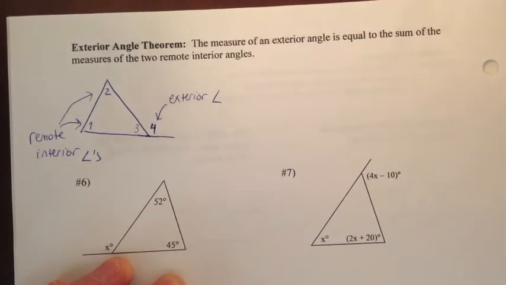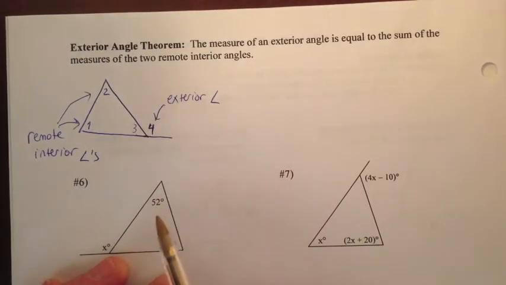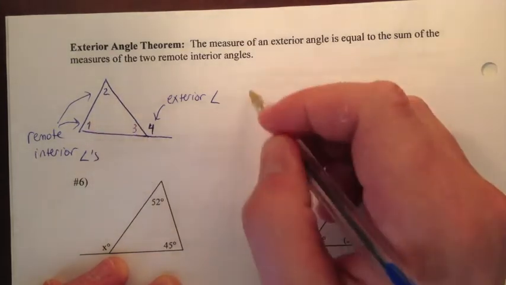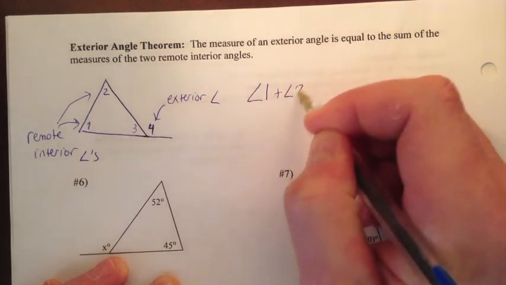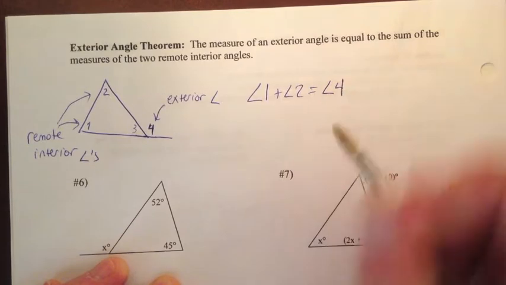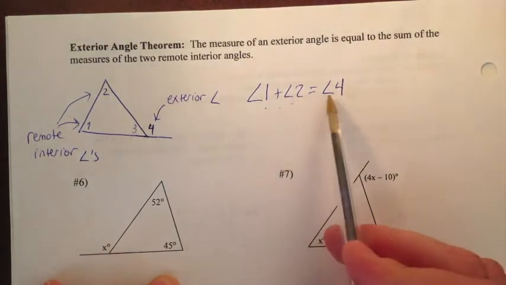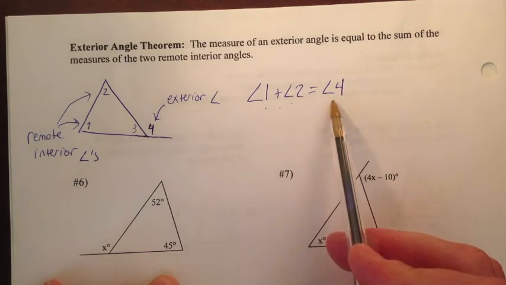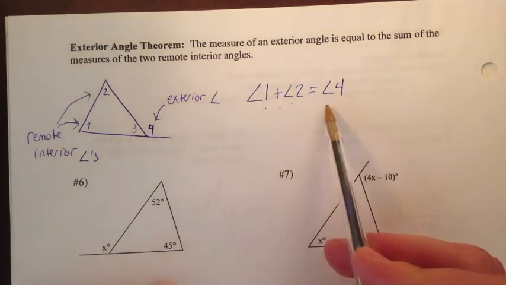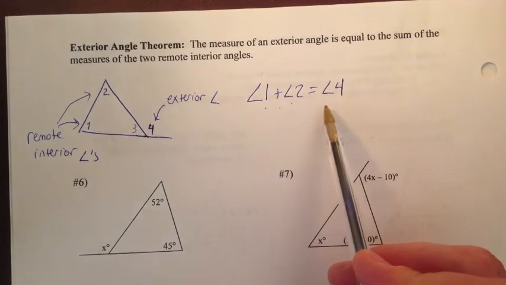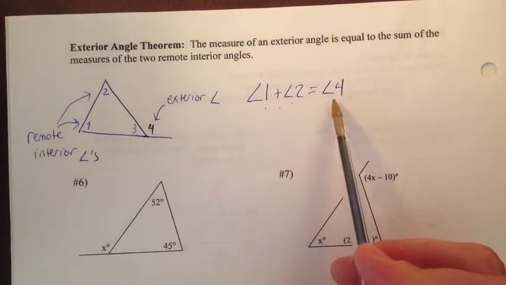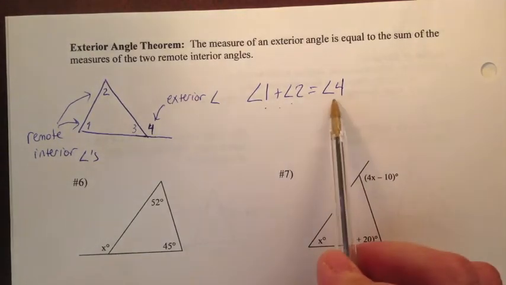All right, and what this relationship says is that angle 1 plus angle 2 equals angle 4. If you add up the remote interior angles, it has to equal the outside angle, angle 4, the exterior. Add up the remote interior, it's got to equal the measure of the exterior.